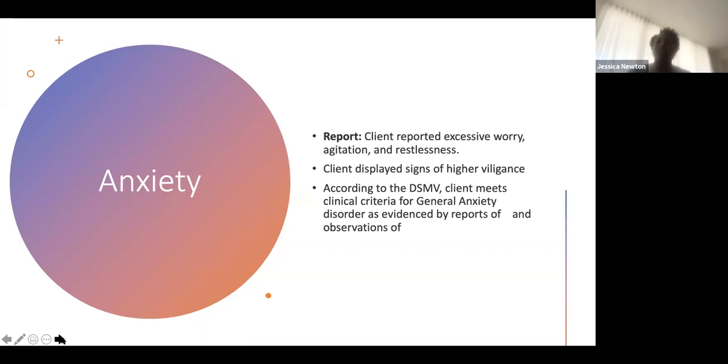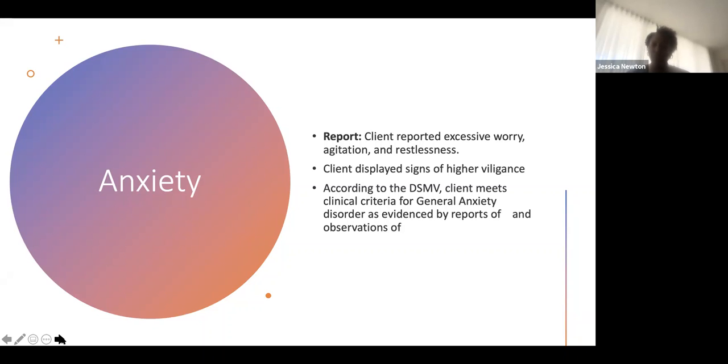But once we ask those questions, how do we document it? What happens next? Well, that's where we as clinicians or counselors put together this little statement that summarizes all of the questions that we've asked. So how do we report that anxiety from the questions that we have already asked?